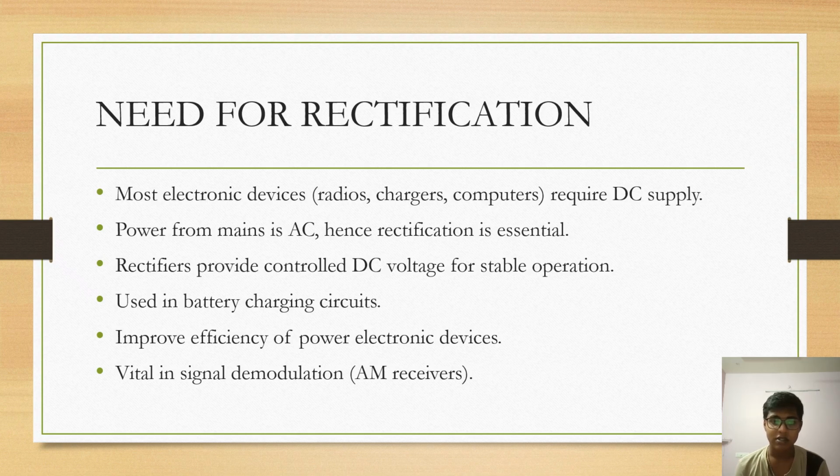They are used in battery charging circuits because a rectifier changes AC current to DC current, and all electronics want current in a DC form. It improves the efficiency of power electronic devices, and is used in signal demodulation, where the receiver demodulates it.